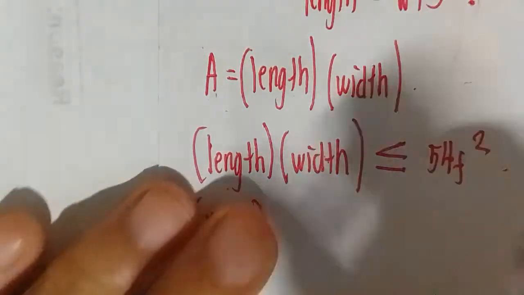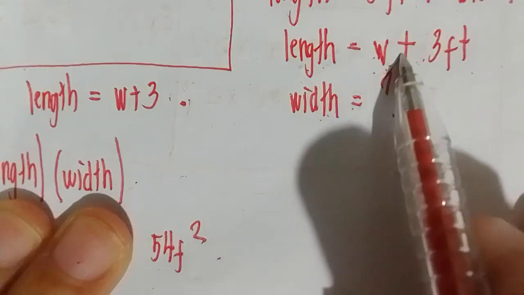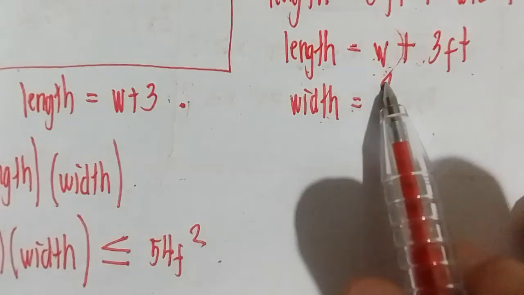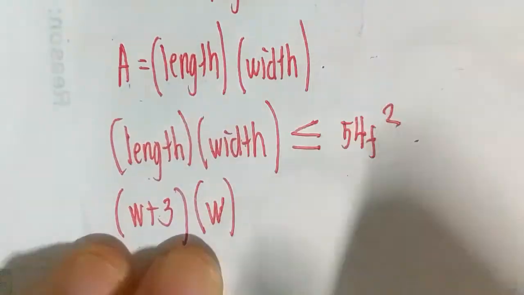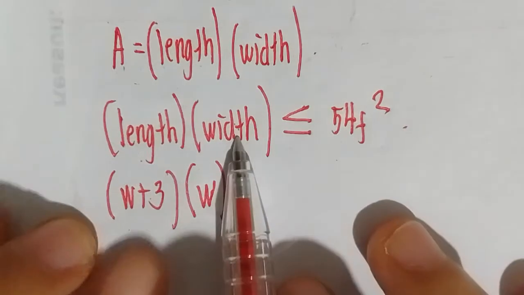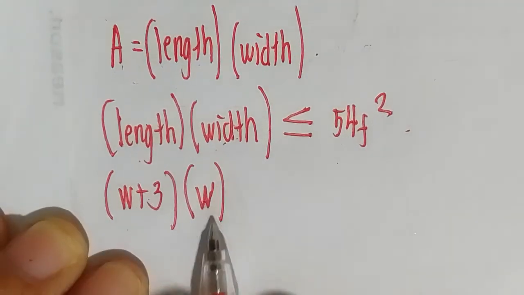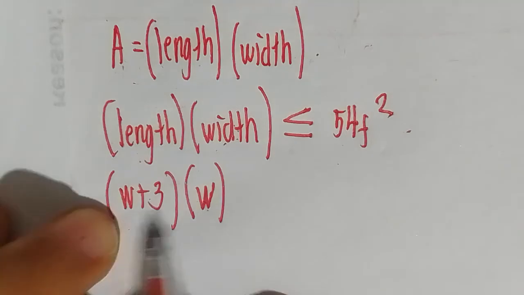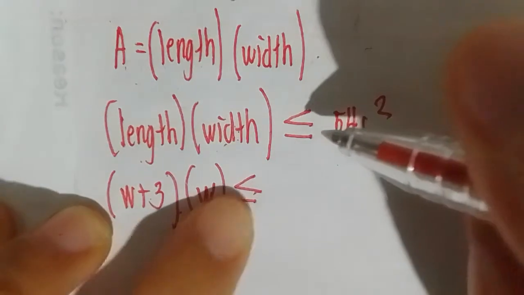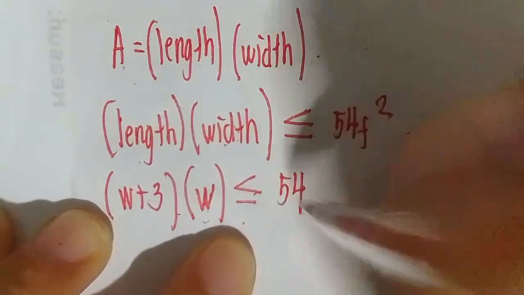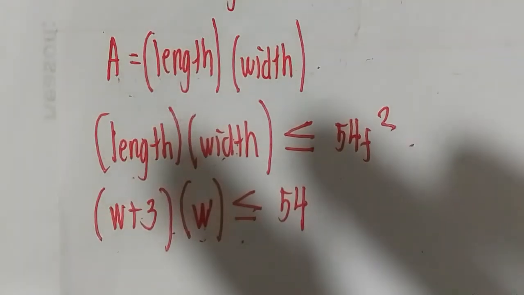The width is unknown, represented by the variable W. So we write W for the width. Length times width is less than or equal to 54. That is how we construct the quadratic inequality.